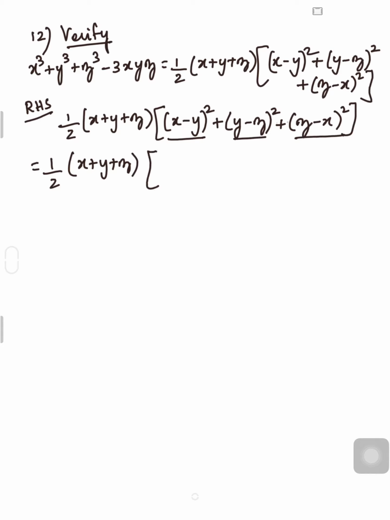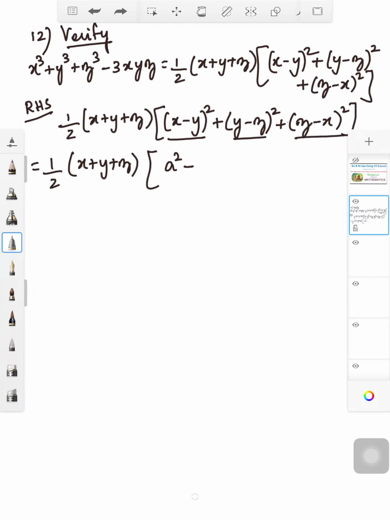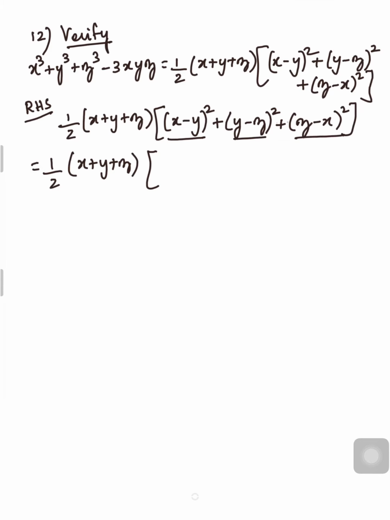So use that identity. What is (a minus b) whole square? a squared minus 2ab plus b squared. So here what is a? x. So x squared minus 2 into, what is ab? xy, plus b squared. So what is b here? y squared. Plus here again it is in the form of (a minus b) whole square. What is (a minus b) whole square? a squared minus 2ab plus b squared.